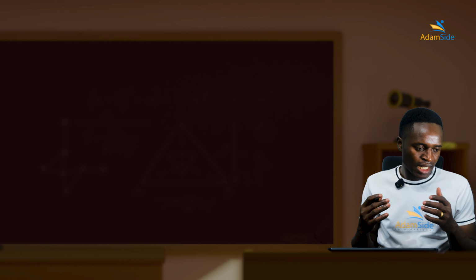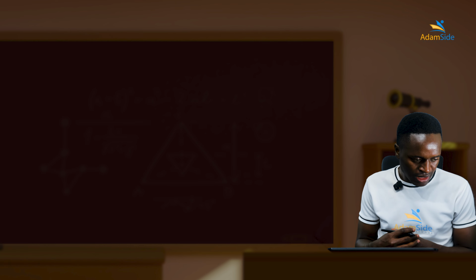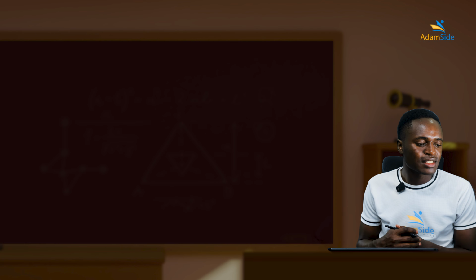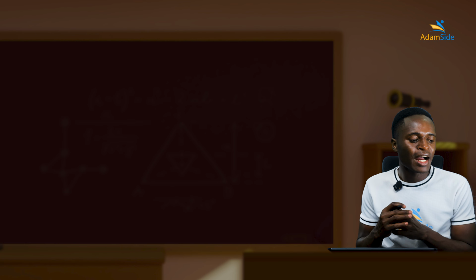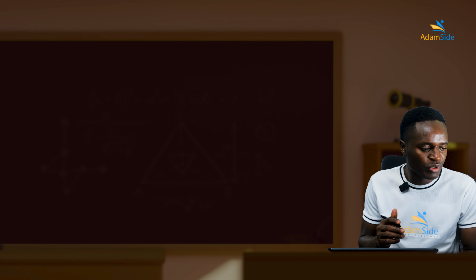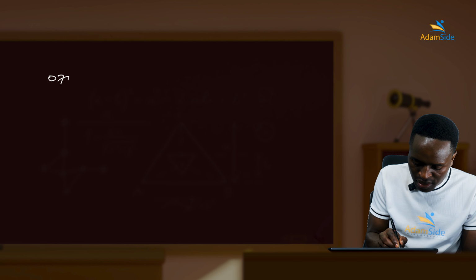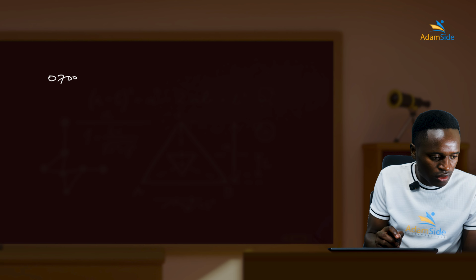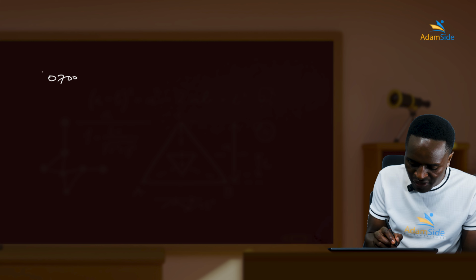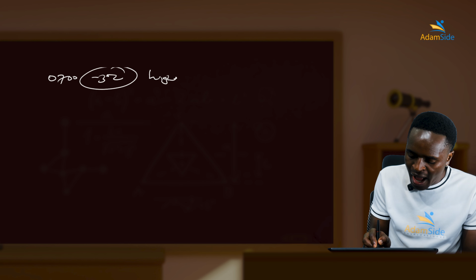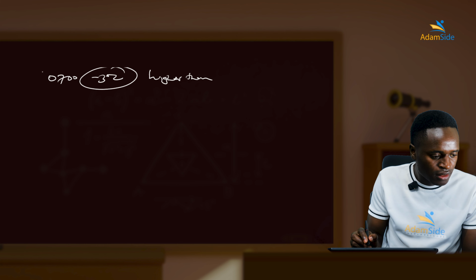The temperature at 7 a.m. is negative 3 degrees Celsius, and this temperature is higher than the temperature at 1.